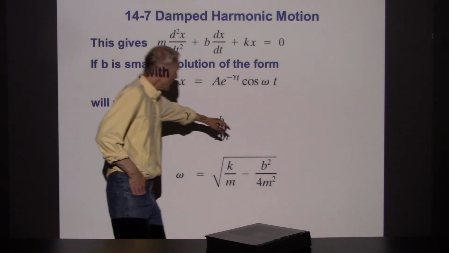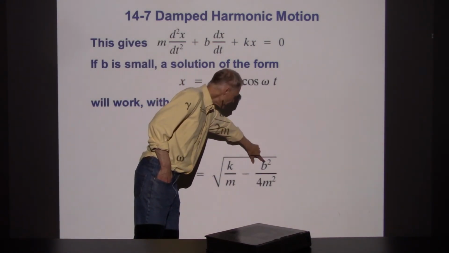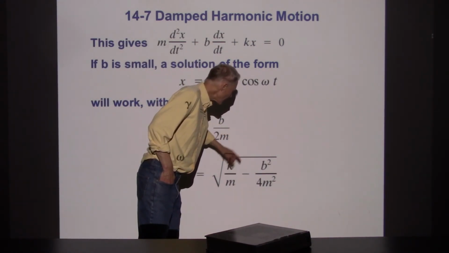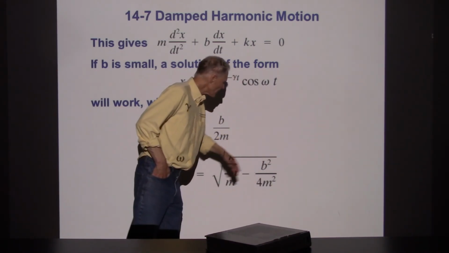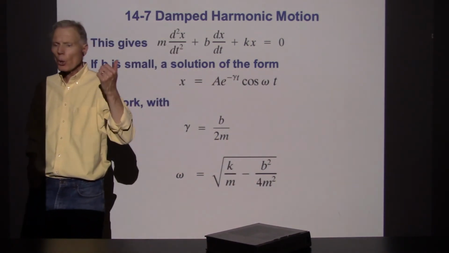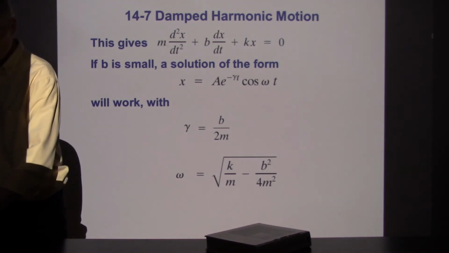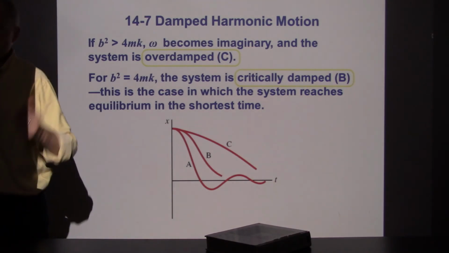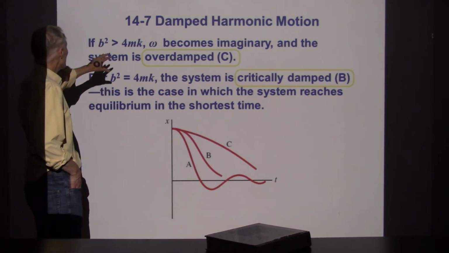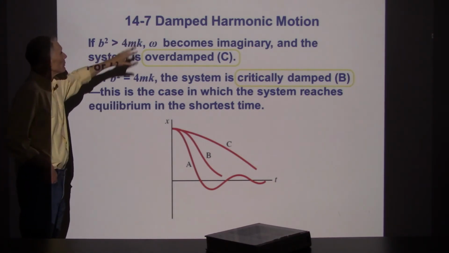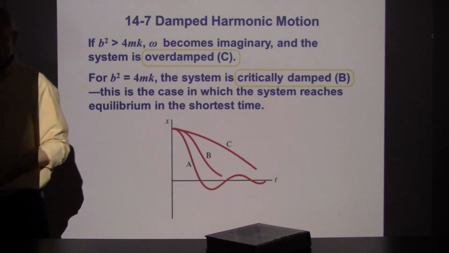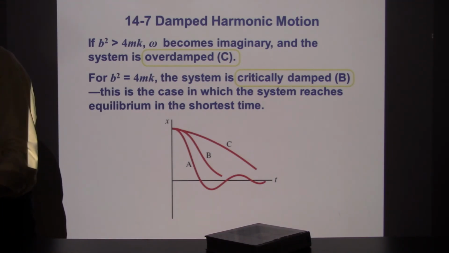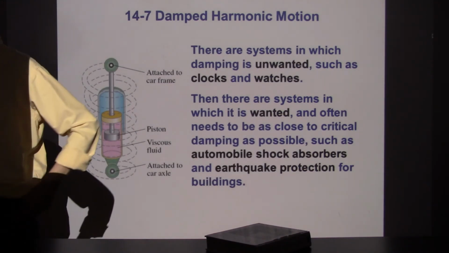So once b squared is equal to 4mk, this goes to 0, and we no longer have a frequency of oscillation. So that's one way to keep track of this condition that determines how the damping takes place. All right, so that makes it more realistic.